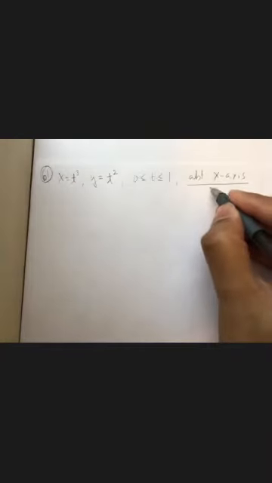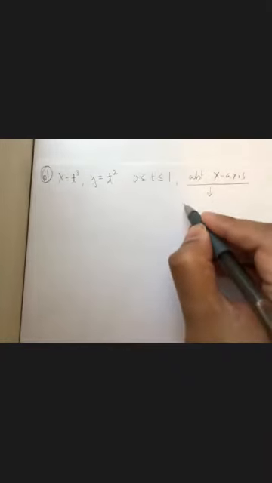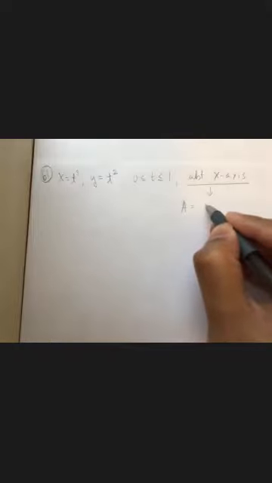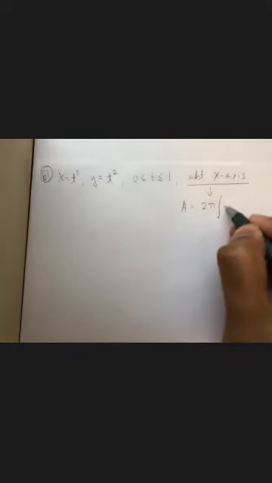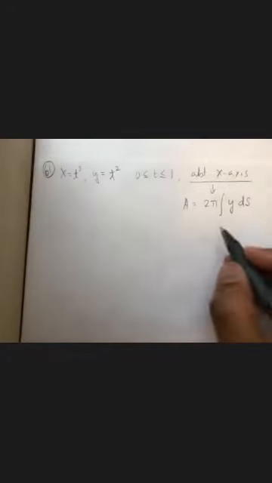So remember from chapter 8, when rotation is about the x-axis, the formula for area is 2 pi y ds, and here t is from 0 to 1. So y is also a function of t, ds is also a function of t.